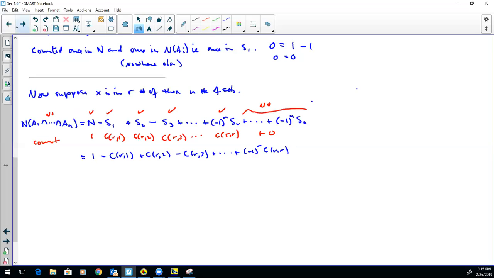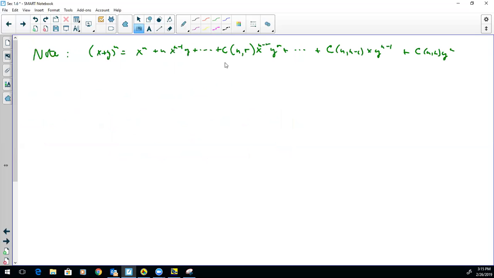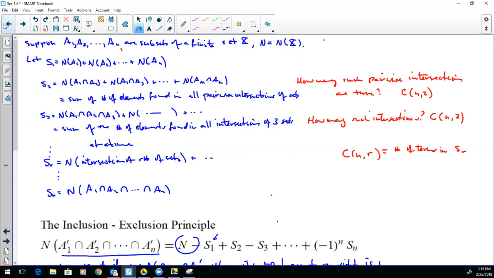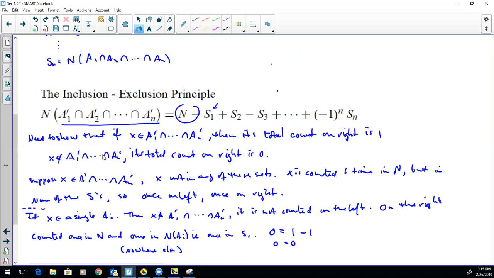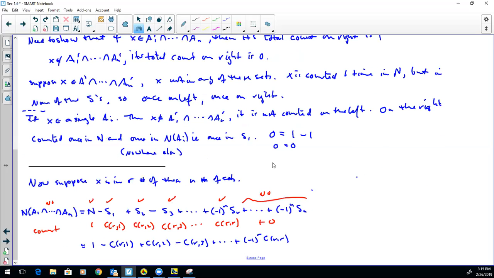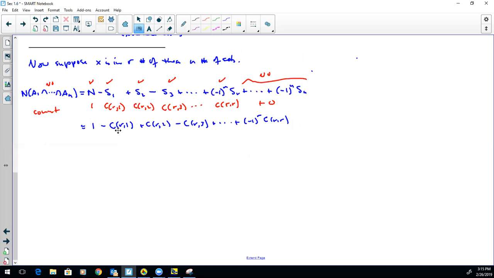But now wait a minute, something's going on here. This has to do with C of N0, C of N1, and so on. These are binomial coefficients here. So this is actually, and here's where you're going to have to think about it a bunch, what you get when you take 1 minus 1 to the R power and expand it.